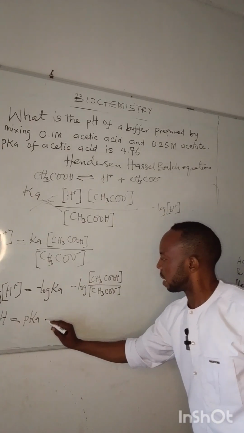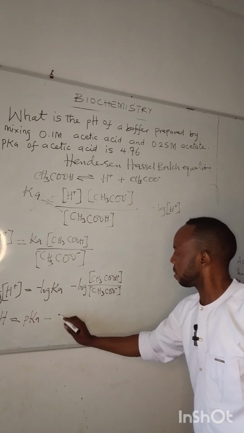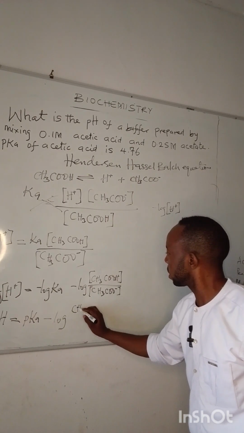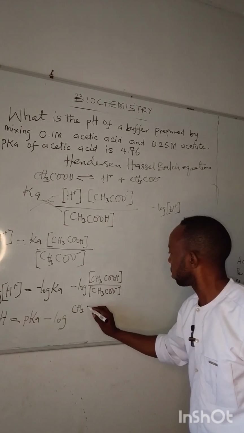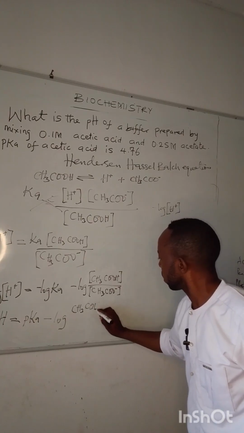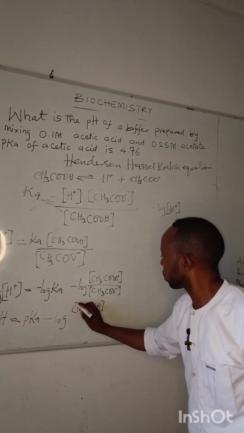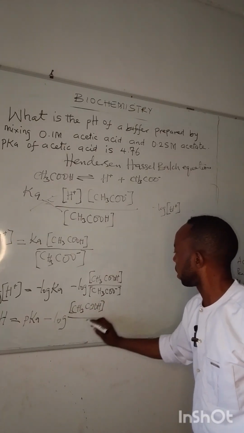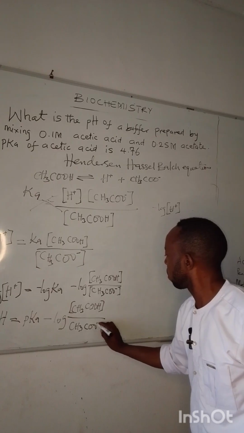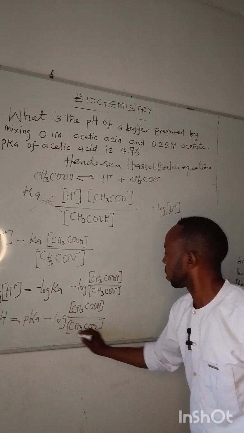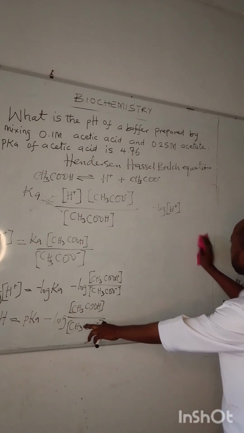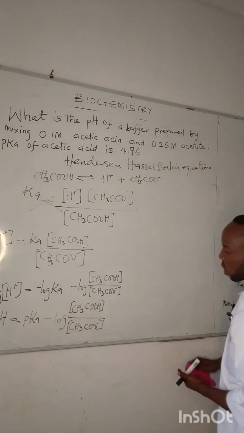minus negative log of CH3COOH concentration all over CH3COO minus concentration. Now, this is what the equation has become.